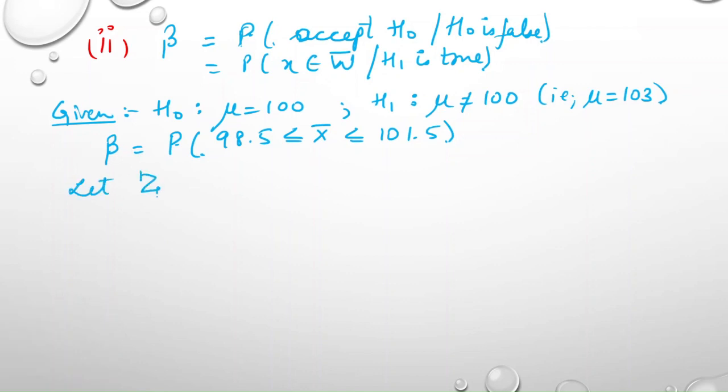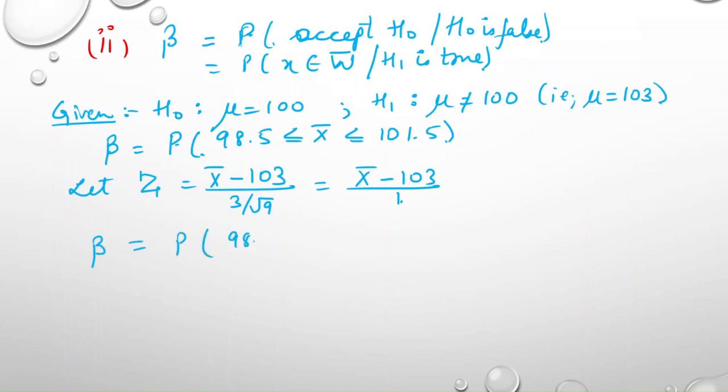So here we'll be considering capital Z as X bar minus 103 over 3 upon root 9. That's again X bar minus 103 over 1. So when we calculate beta, 101.5 minus 103, divided by 1 over 1, so it has no value actually, but let us just write it.